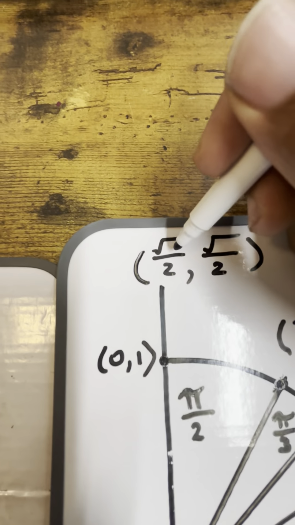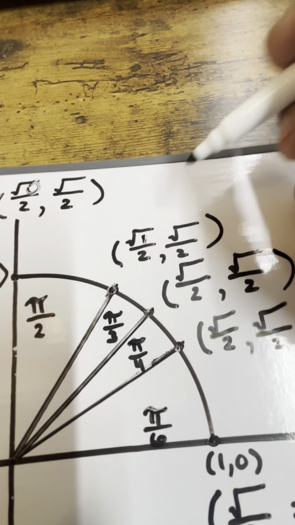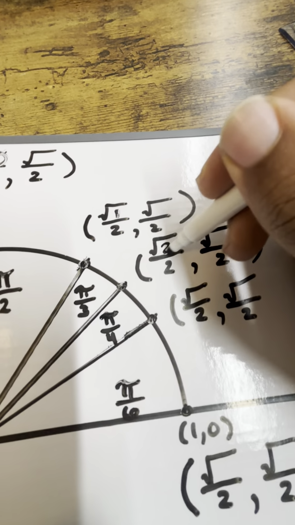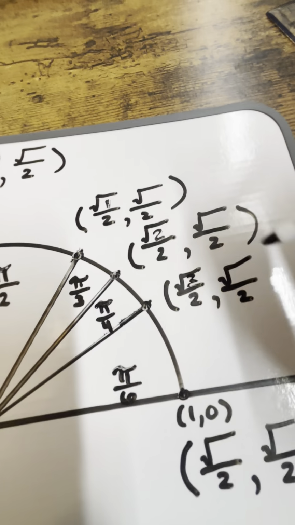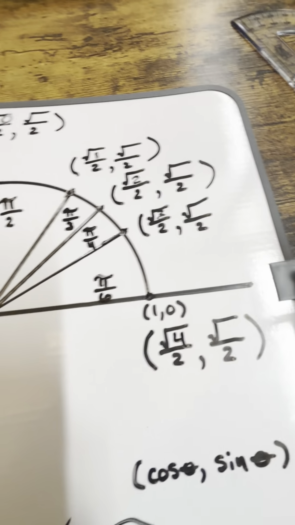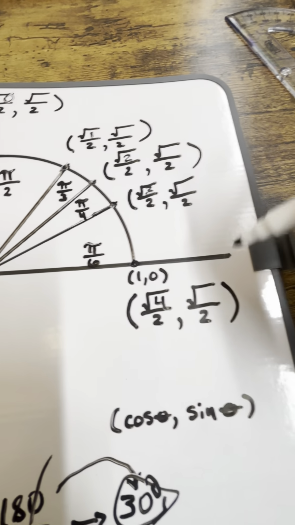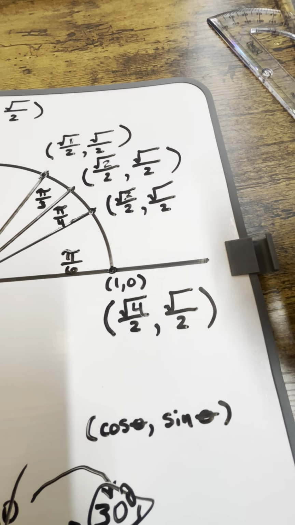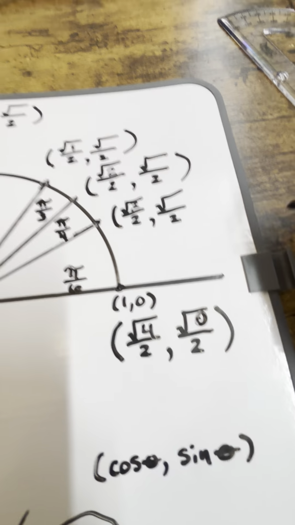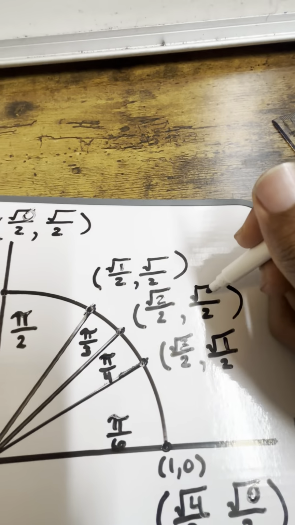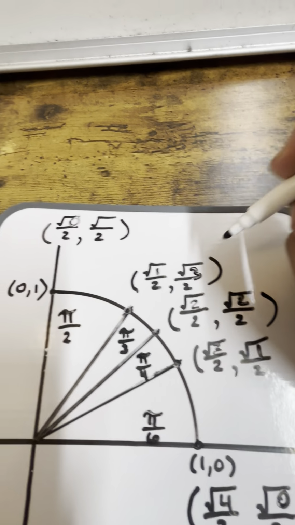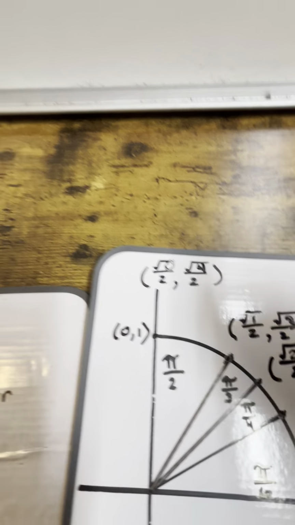So I'll go ahead and write 0, 1, 2, 3, and 4. Markers getting a little dry. And then when we make our way back around, we'll start from 0 and work our way up: 0, 1, 2, 3, and 4.